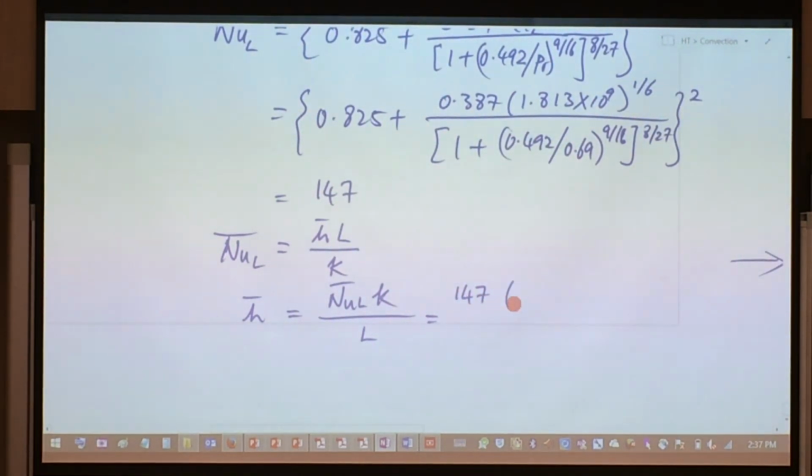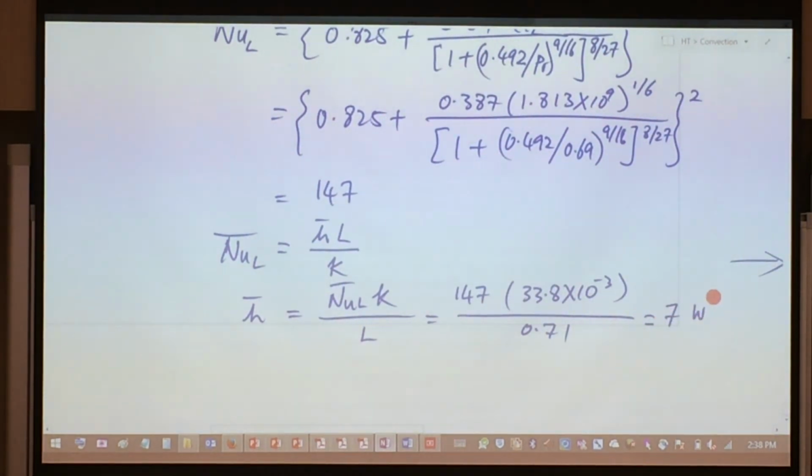The thermal conductivity from the property table, that was 33.8 times 10 to the power minus 3. Divide by the length. This length again refers to where your natural convection is happening across it. So that will be the length L. That's 0.71. Do the calculation, you should get 7 watts per meter squared Kelvin.